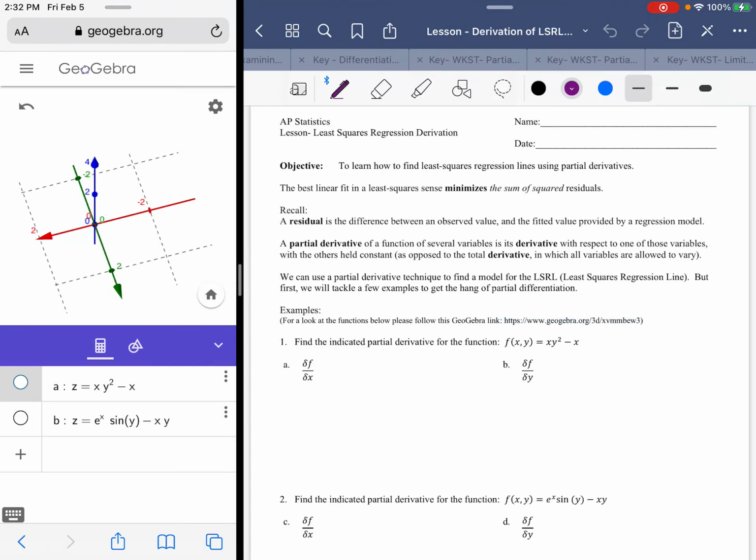Okay, so we're looking at a little side lesson here related to the least squares regression equation and how it came into being. Right? So we're going to use partial derivatives to develop the regression model.